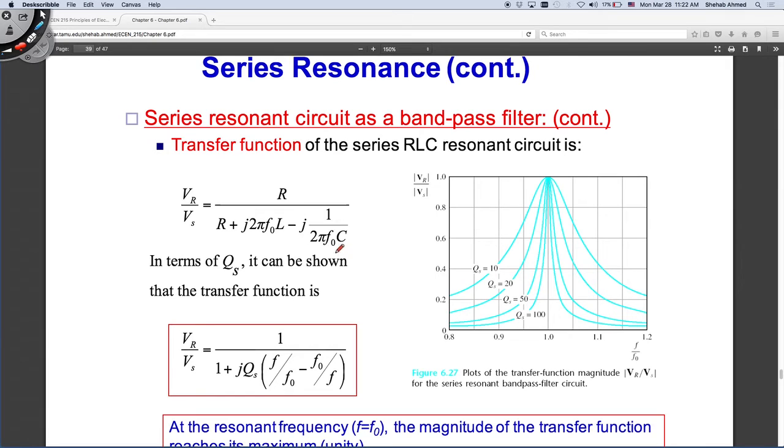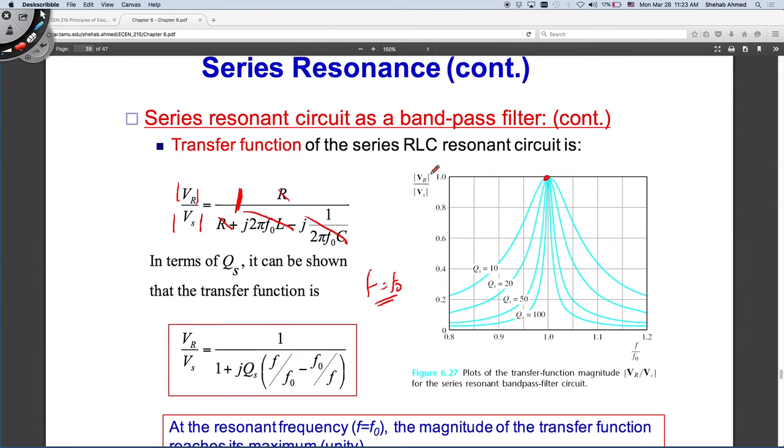At f equals f naught, this goes away, and the R cancels with the R, and we're left with 1. So the magnitude of this transfer function will equal 1 at f equals f naught. And that's what they have here.